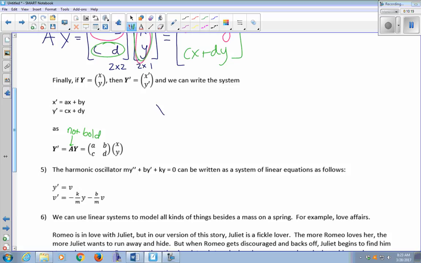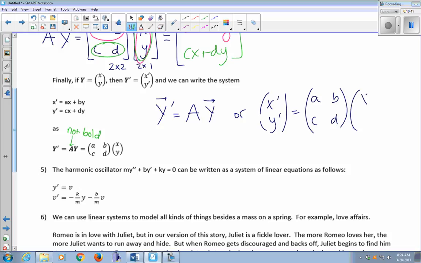So you can either write y prime with an arrow equals A times y with an arrow, or, for a long time, I just had to translate that into x prime, y prime equals A, B, C, D times x, y. Right. So just translate it for as long as you need to until you start to be able to see one as the other.